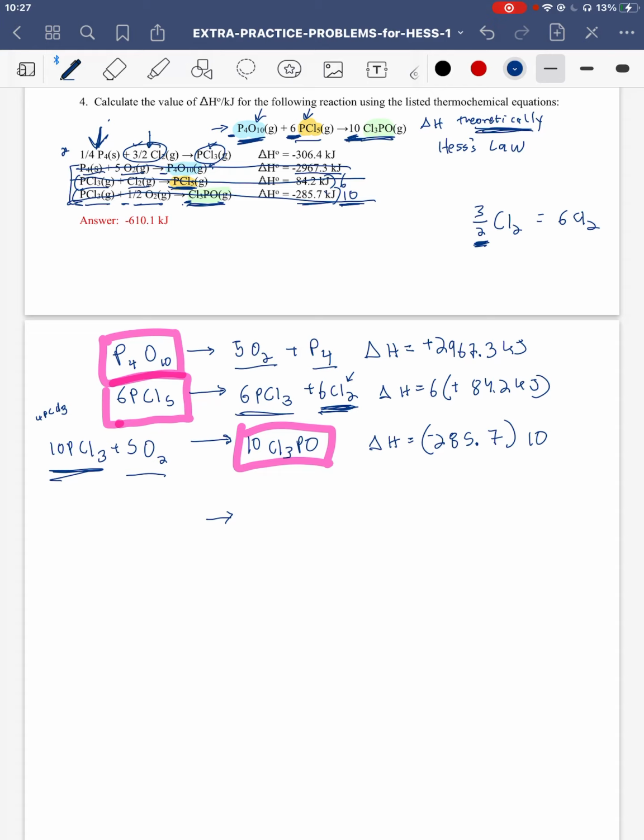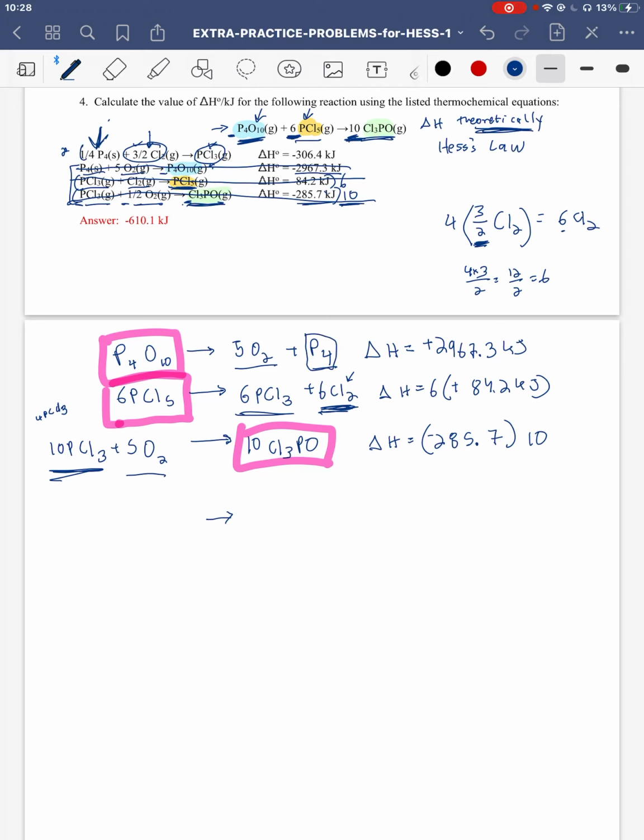I'll give you a moment to think about that. If I multiply this, what would I need to multiply by so that I get 6? Well, what if I multiply by 4? Then I get 4 times 3 over 2, which equals 12 over 2, which equals 6. Multiplying by 4 is looking good. What about P4? I have 1 P4. I currently have a fourth. All right.